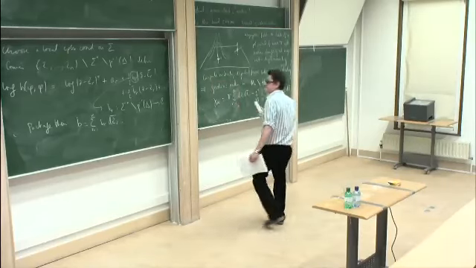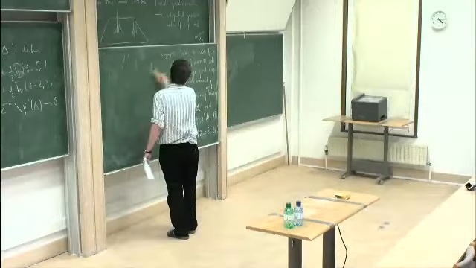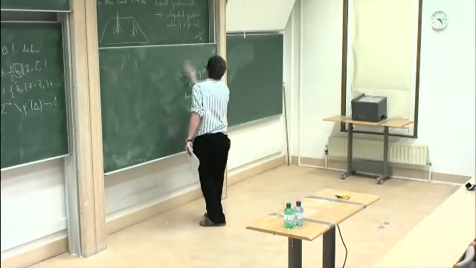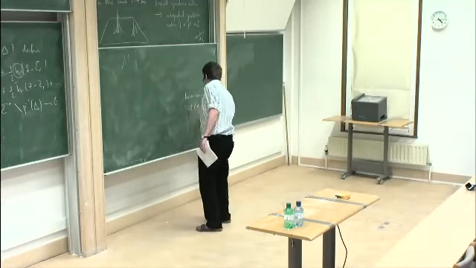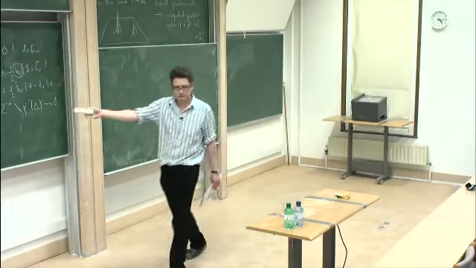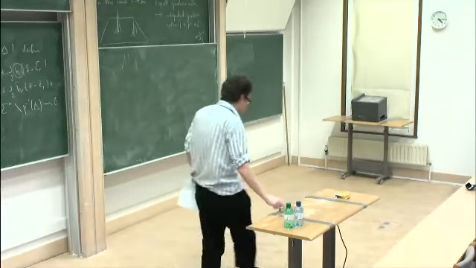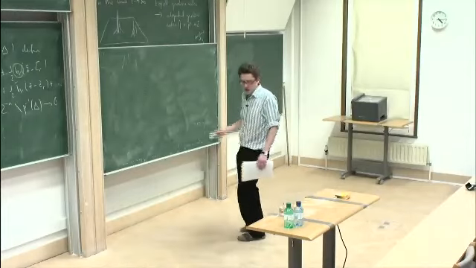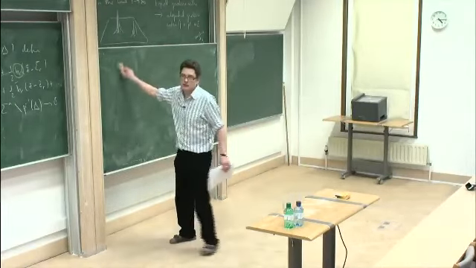So having done that, if you're happy with that, then I can write down a formula for the L2 metric in terms of this 0-1 form B, which is defined on this. Well, actually, it's easier to write down a formula not for the metric but for the Kähler form. So, of course, that's equivalent.